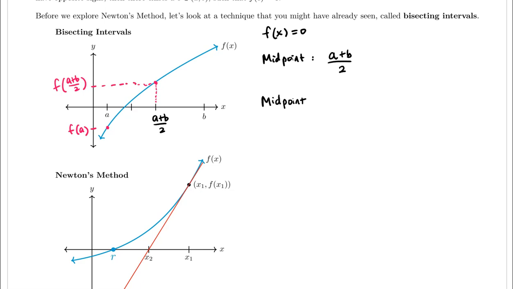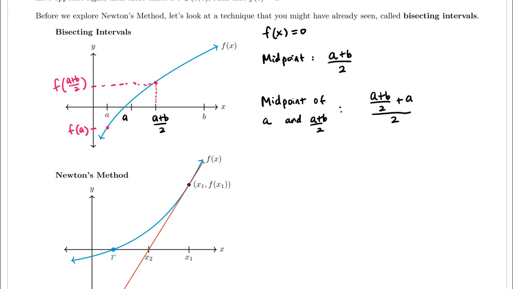So my midpoint of a and a plus b over 2, I would calculate by adding those two things together and then dividing by 2. Even though this is quite an ugly fraction, hopefully you get the idea of how to find that numerical value.